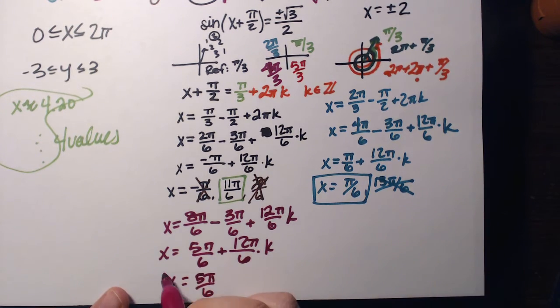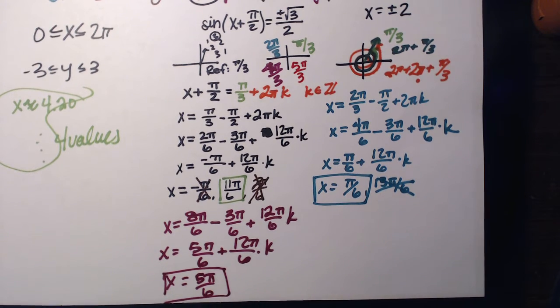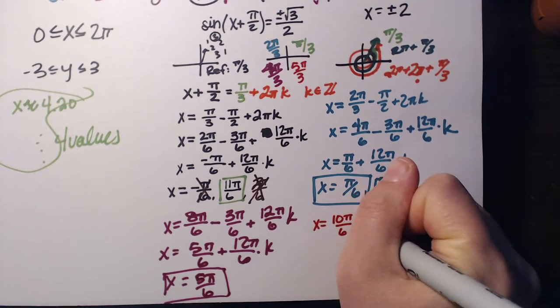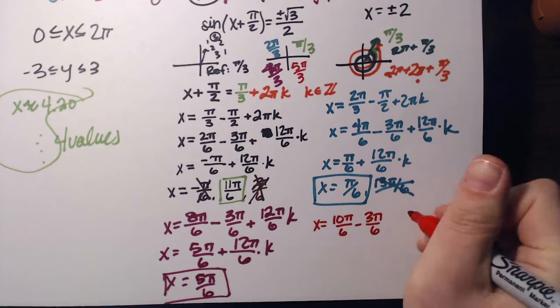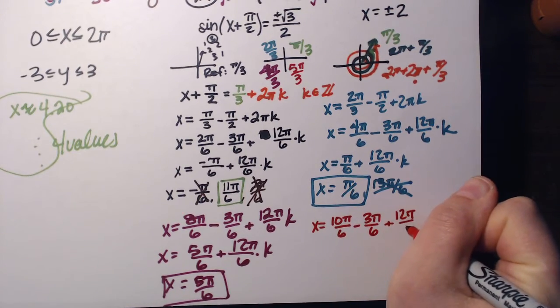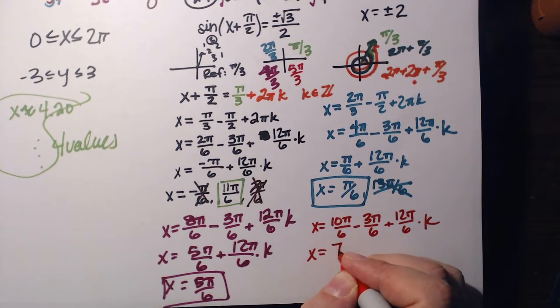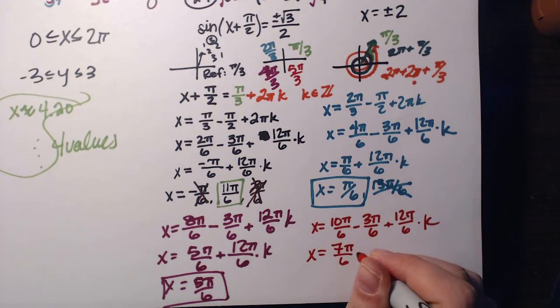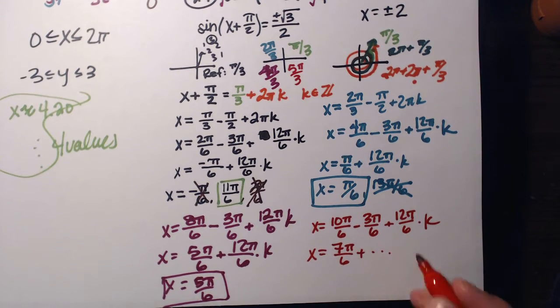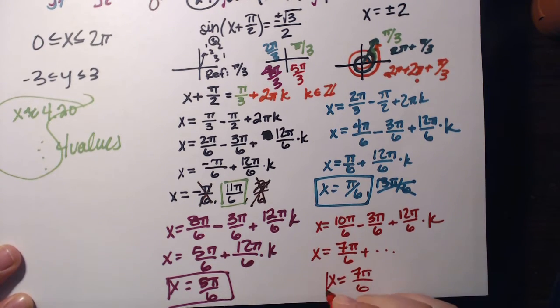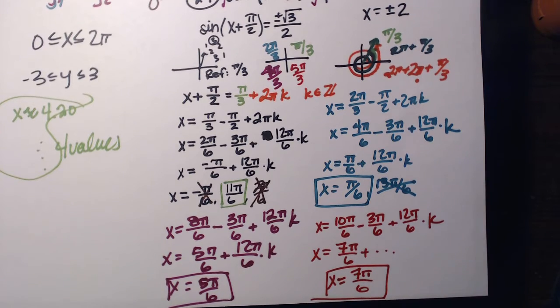And if I add, it's going to get too big. And then, what was the last one? 5 pi thirds, so that's 10 pi sixths minus 3 pi sixths plus 12 pi sixths times k. So that's going to give me 7 pi sixths. And again, if I add rotations to that, it would be too big. So those 4 pieces are my answers.